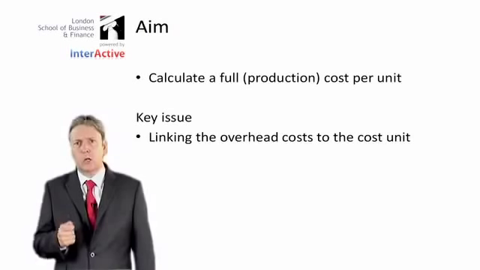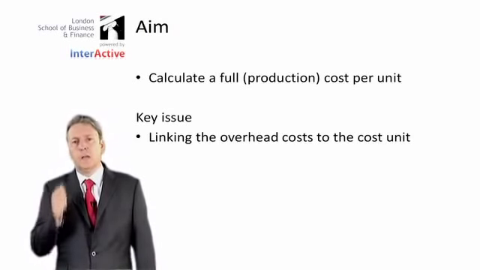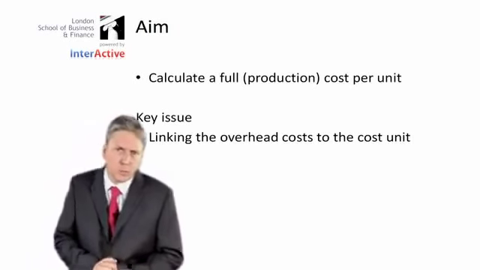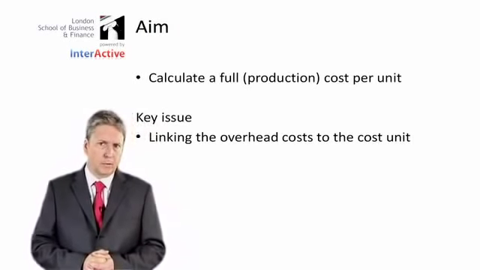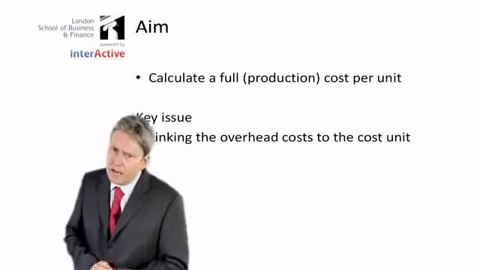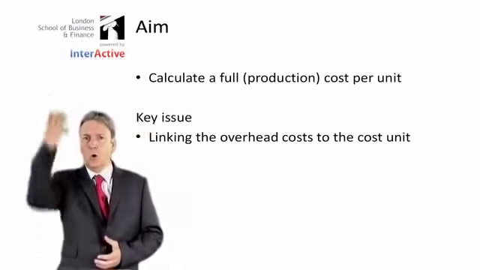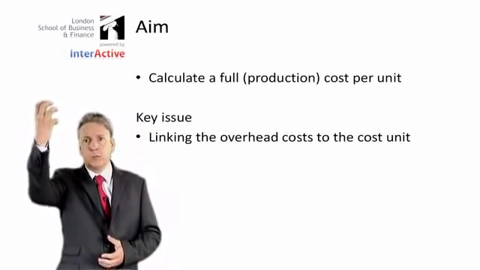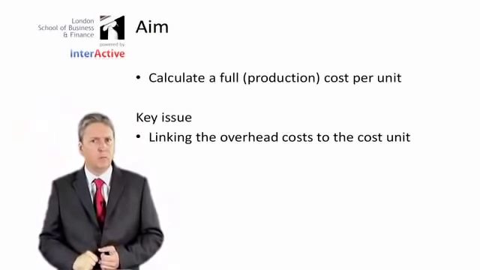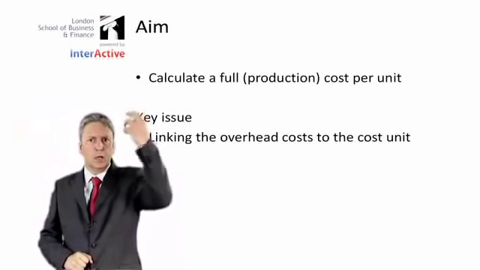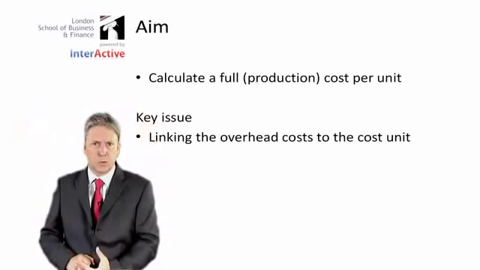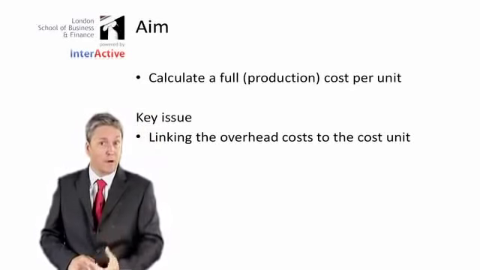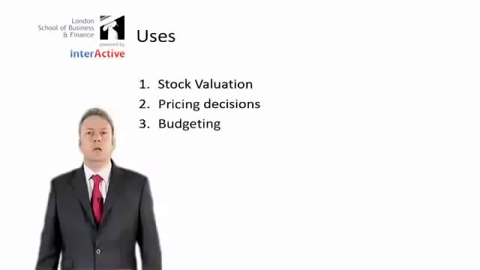These indirect costs are called overheads, and the overheads are what absorption costing from a computational perspective is all about. So what we're aiming to do is we're aiming to link all the direct costs, the easy ones, to the product, that's not a problem, but also link all the overheads to the product as well. And that's where the fun arises.